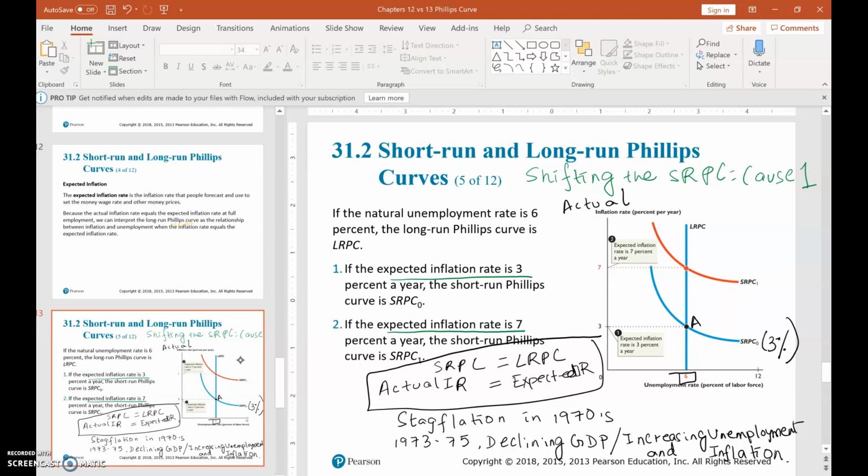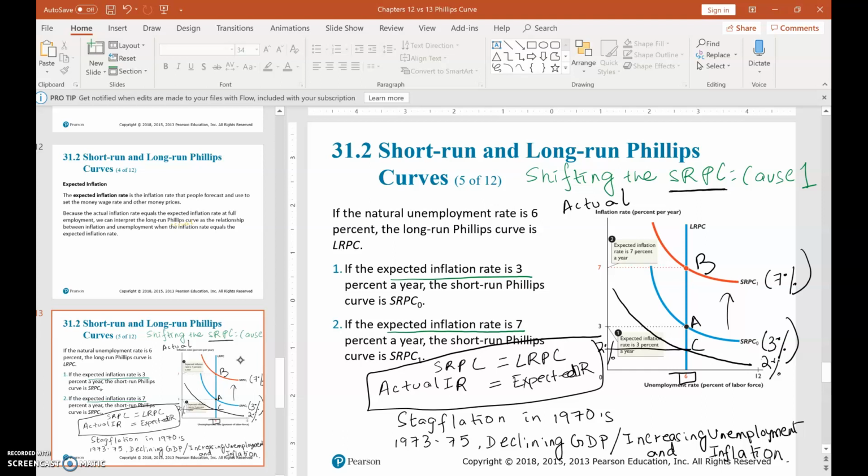Now I'm going to increase the expected inflation rate from 3% to 7%. If the expected inflation rate increases, the short-run Phillips curve will shift upwards. Or we can say if the expected inflation rate goes down, the short-run Phillips curve will shift down.